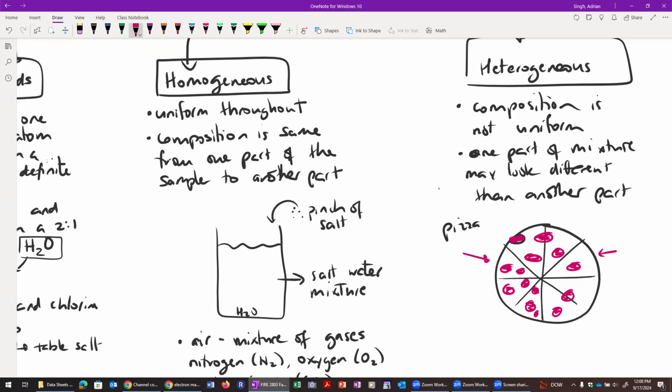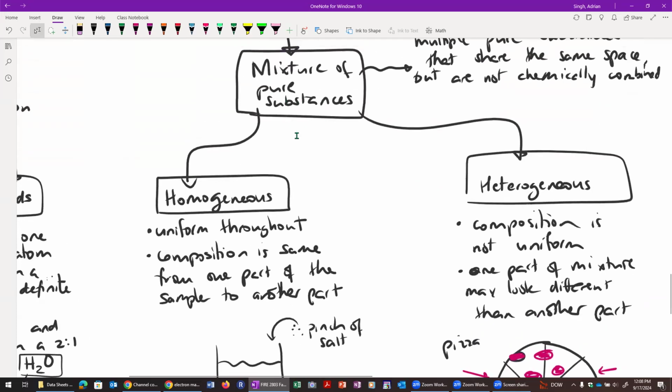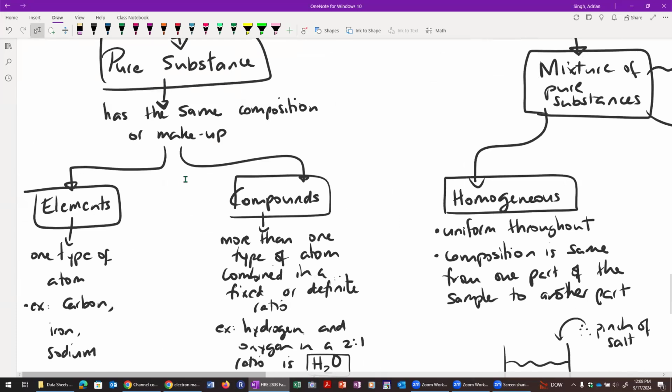And that's the main difference between mixtures and pure substances, right? The uniformity of the components. And then we also saw pure substances that have the same composition throughout, same makeup throughout. And specifically now we're looking at elements made up of just one type of atom, or compounds that have multiple atoms, but they are combined in a fixed ratio.